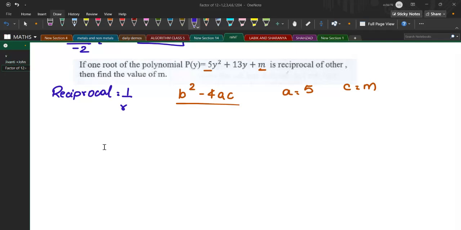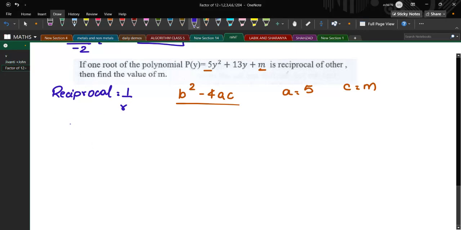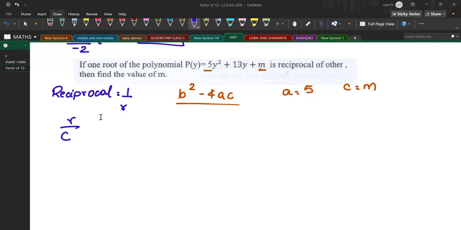So we have to find the product of the roots. So root is r we took and the reciprocal is 1 upon r. No, there is a different formula other than the root formula here.